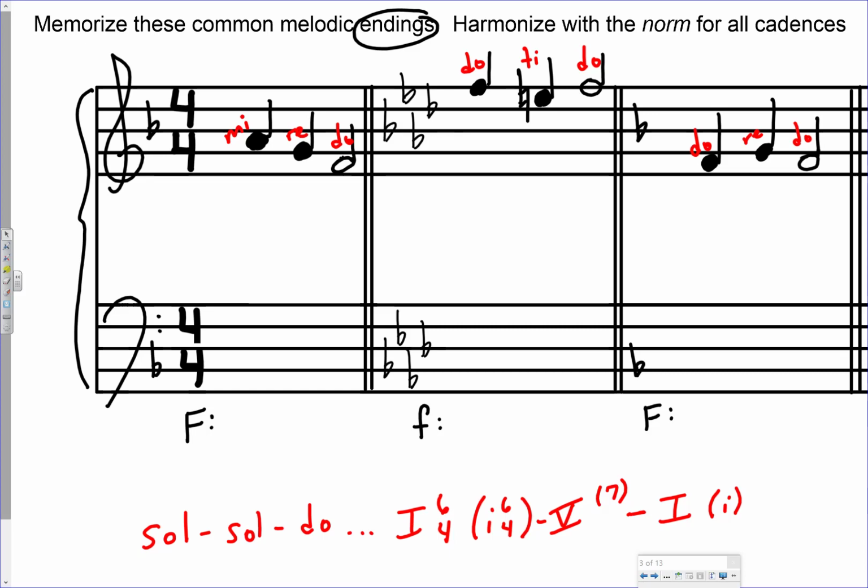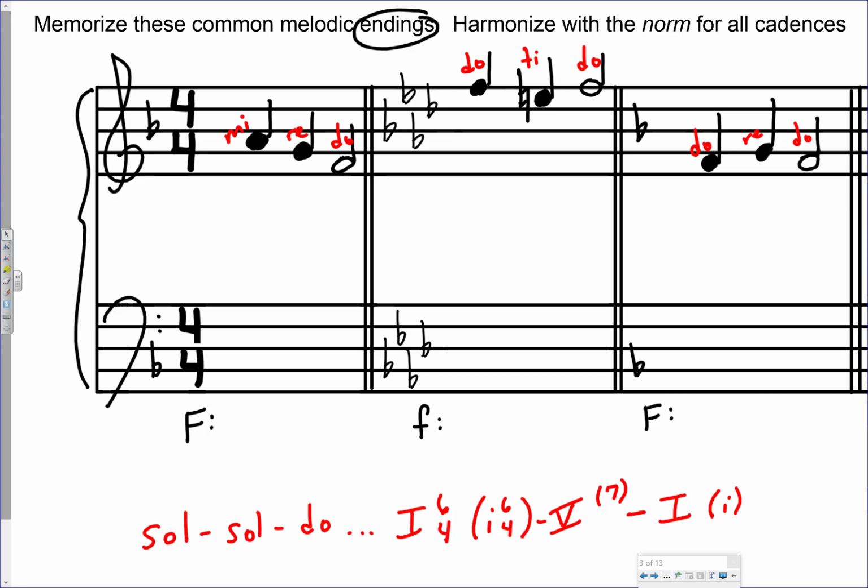Let me repeat. If the final cadence melody ends with mi, re, do in the soprano, do, ti, do in the soprano, or do, re, do in the soprano, then harmonize in the bass sol, sol, do, meaning the chord progression is a cadential 6-4.